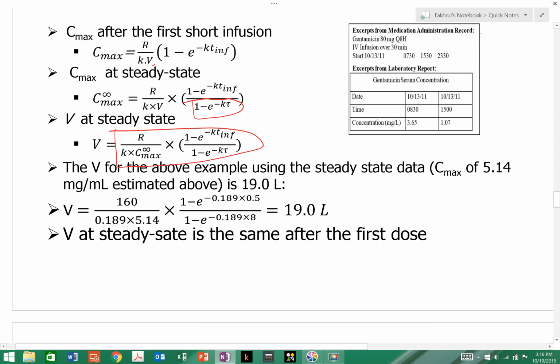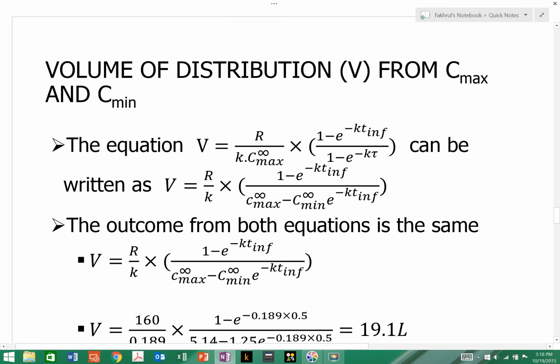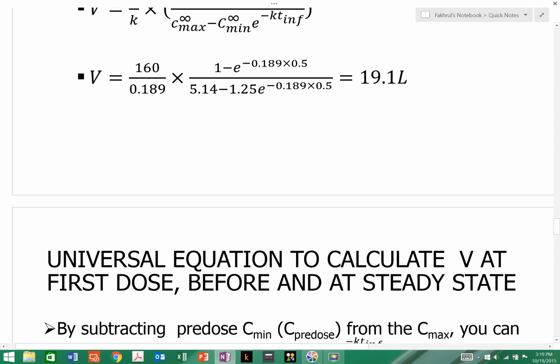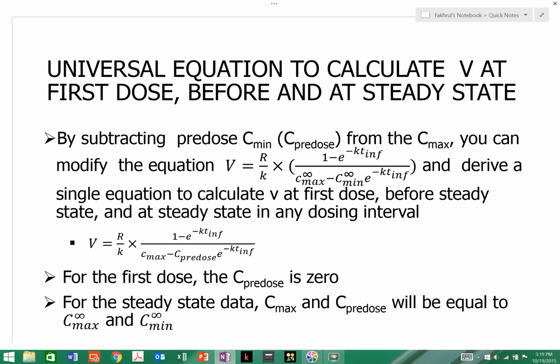Now for volume of distribution, there are a number of derivations of this equation, but here is the equation. You can write this equation that way, and there is also a universal equation. This V can be used for first dose and for steady state.